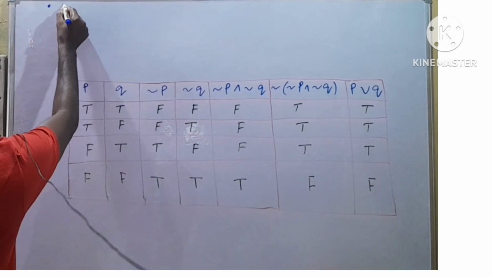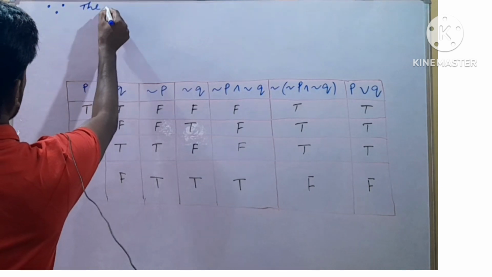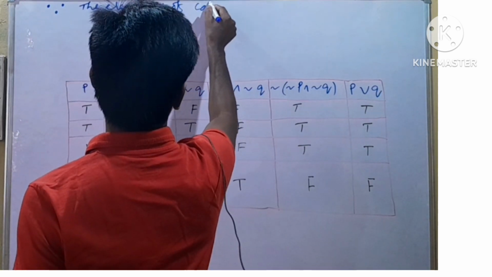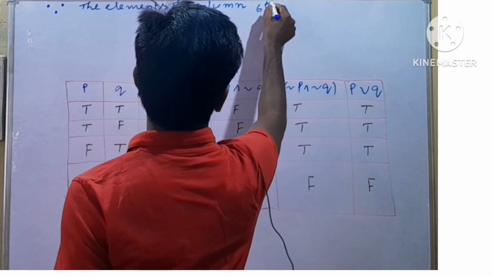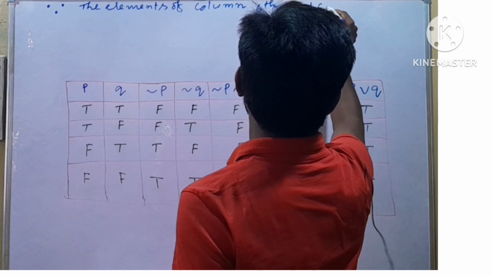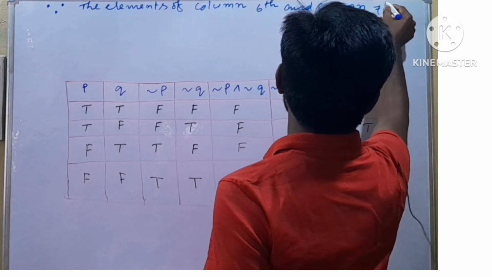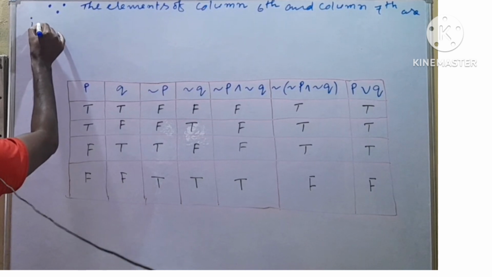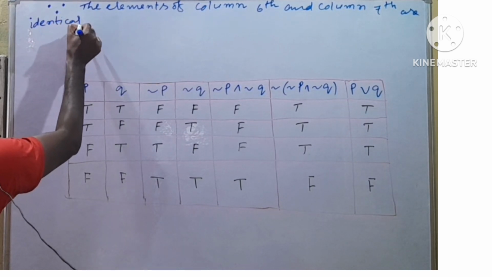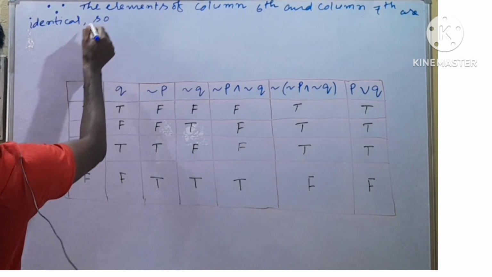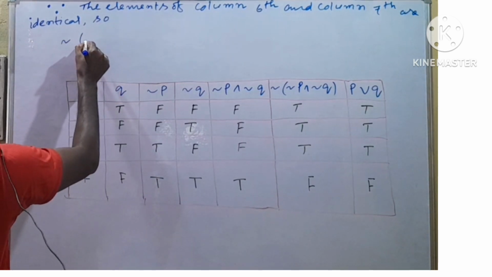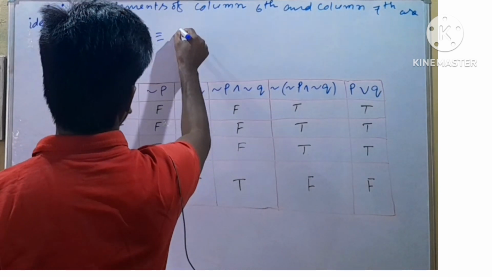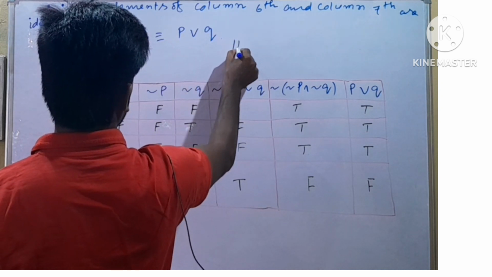Now we write here, since the elements of column 6 and column 7 are same or identical, negation of P conjunction negation of Q is equivalent to P disjunction Q. Hence proved.